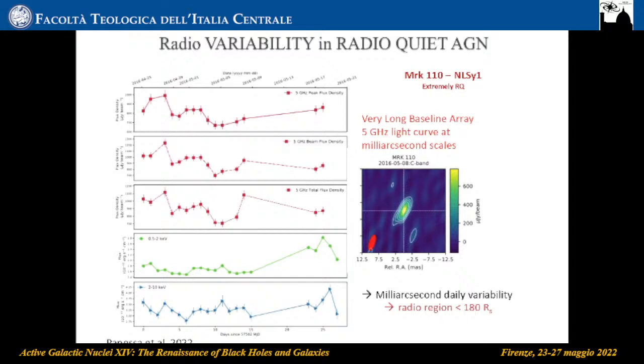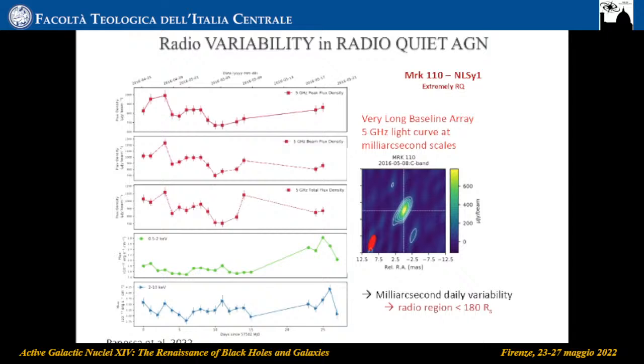But we took this map every day for a few weeks. And it turned out that even if boring, this source is varying on day timescales. This is the first time that this experiment has been done on a spatial scale of milliarcsecond resolution, so very, very high resolution. This is a region of around 1 parsec.